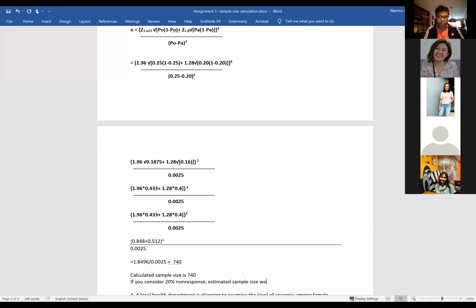Professor, is it better to keep it as a whole number? Yeah, it is better to round it up, right? Because when it comes to individuals or subjects, you cannot have fractions. So with 20% extra, how much? 740 times 0.2 is 148, plus 8%... 888, right?